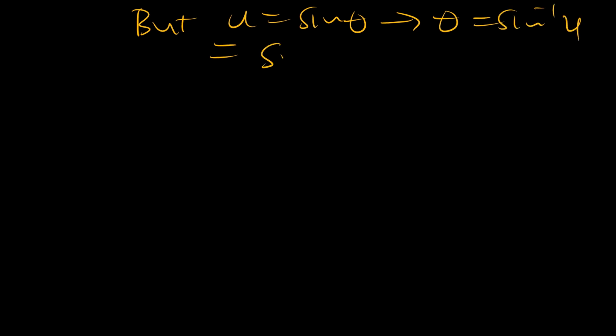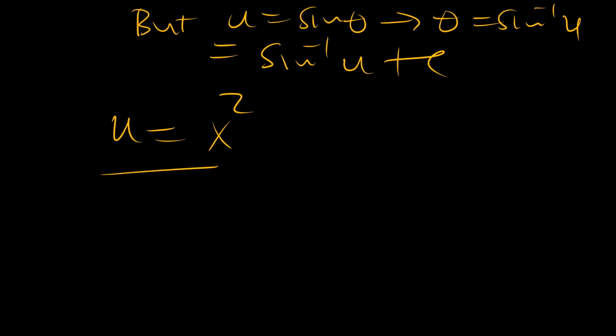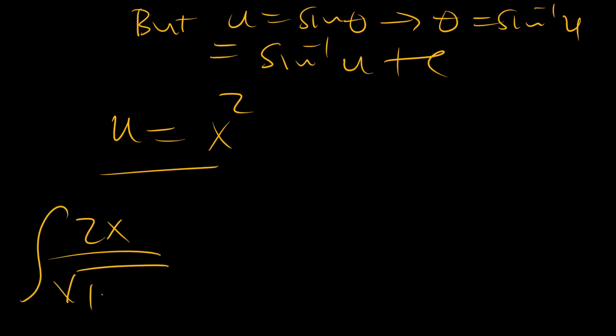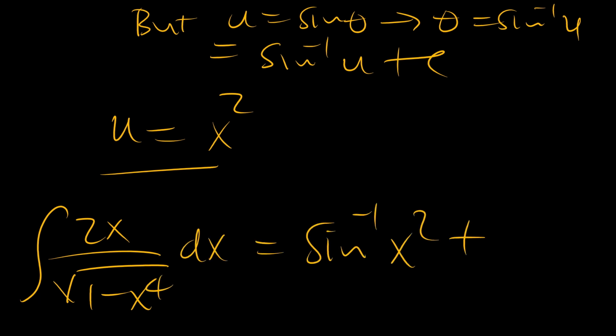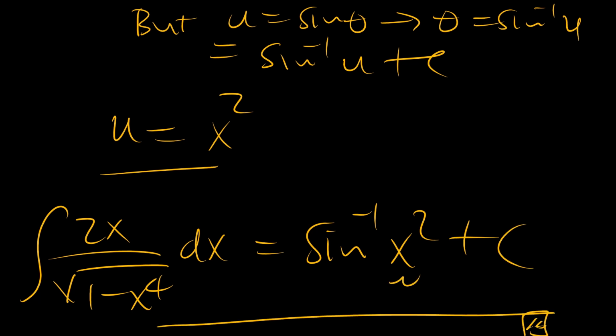So we have arcsine of u plus c, but u was set to x squared, and so the integral of 2x over the square root of 1 minus x to the 4 is equal to the arcsine of x squared plus c, the integration constant. That's all for us today. I hope you have an amazing time ahead.